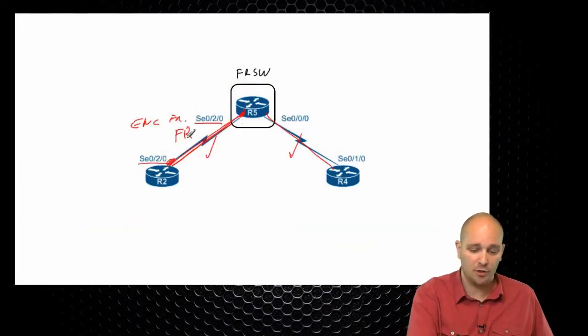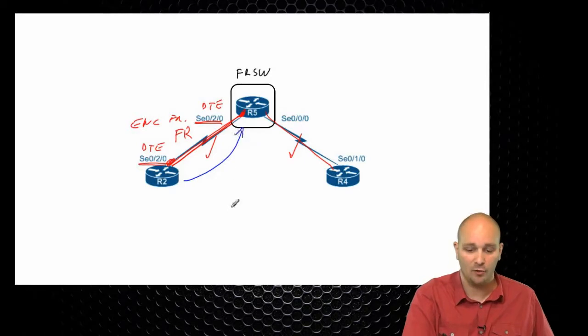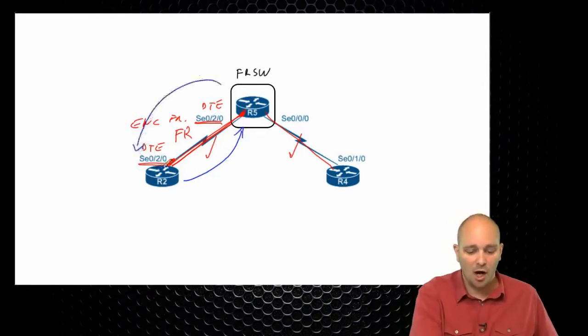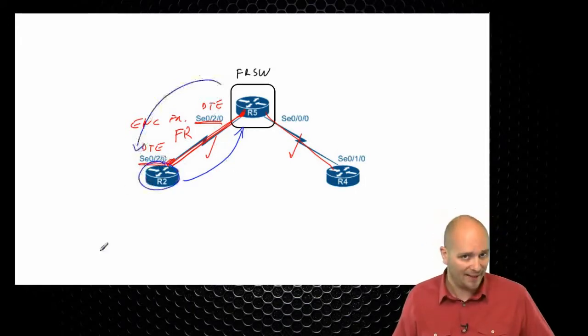But in our case, because we are using the default configuration on serial 0/2/0 and the default configuration here, they are now both configured to be DTEs, which means that this router here is sending the LMI inquiries and this router here is sending LMI inquiries. But R2 here does not expect LMI inquiries back.